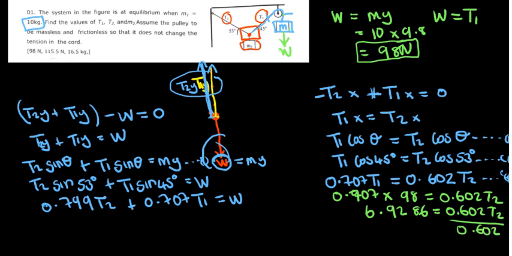So over 0.602, over 0.602. So we can say our T2 is equal to, if we say 6 divided by 0.602, what's the answer? Okay, just a minute.